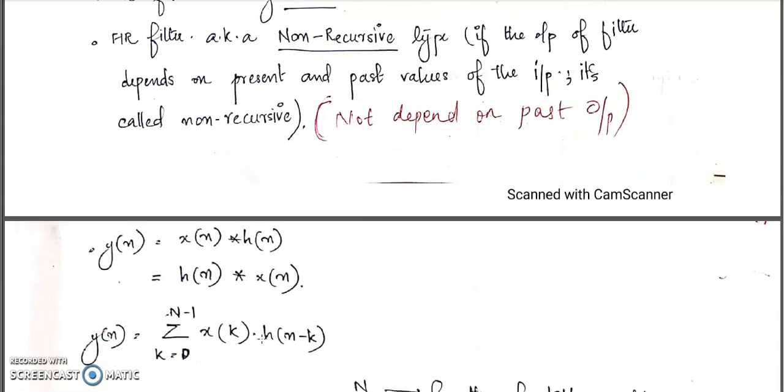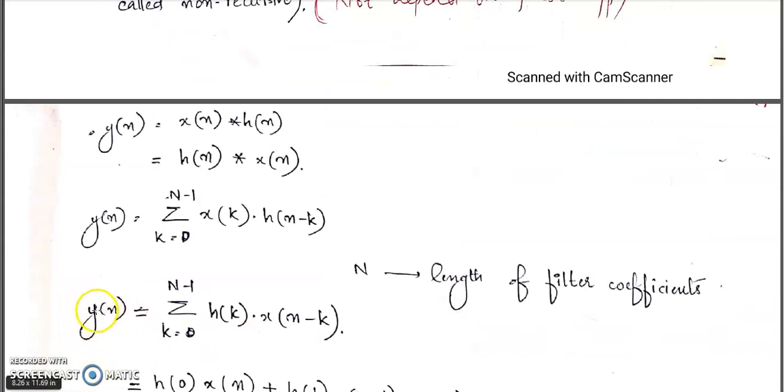Mathematically, we can represent y of n with this expression. h of n convolution x of n can be represented as summation over k varies from 0 to capital N minus 1, h of k into x of n minus k, where capital N is the length of the filter.